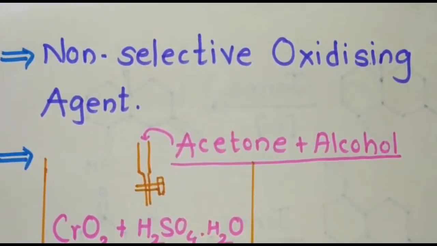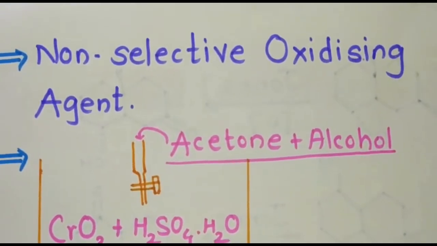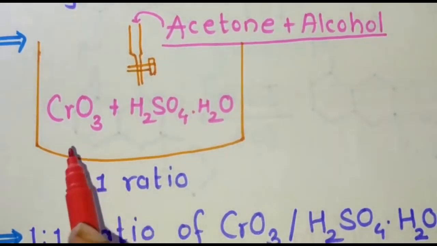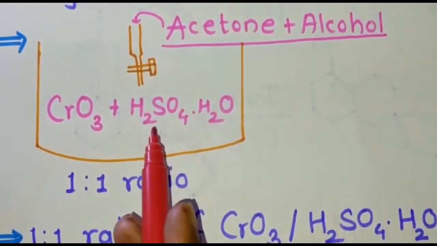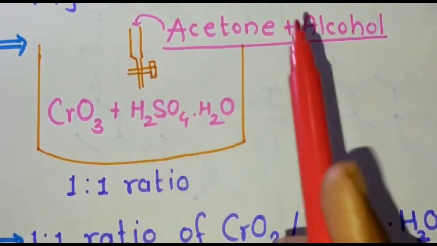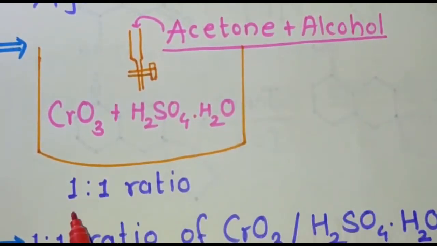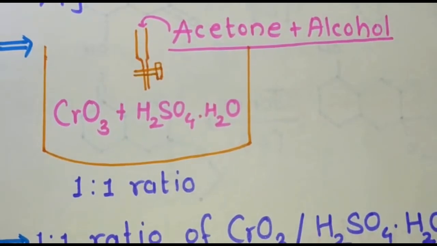Here you can see the chromium trioxide, the aqueous sulfuric acid, and the acetone plus alcohol. There will be a 1:1 ratio. When there is a 1:1 ratio of chromium trioxide with aqueous sulfuric acid and acetone, it produces the aldehyde from the primary alcohol.